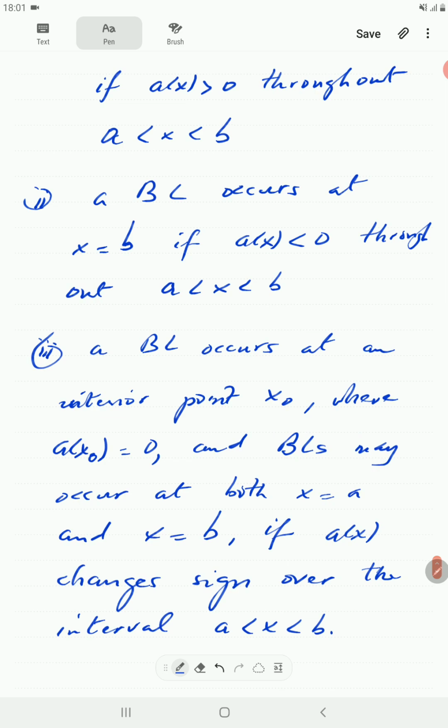If the coefficient of y prime changes sign over the region A to B, then a boundary layer will occur at an interior point x0 where a vanishes, and boundary layers may occur at both x equals to A and x equals to B.